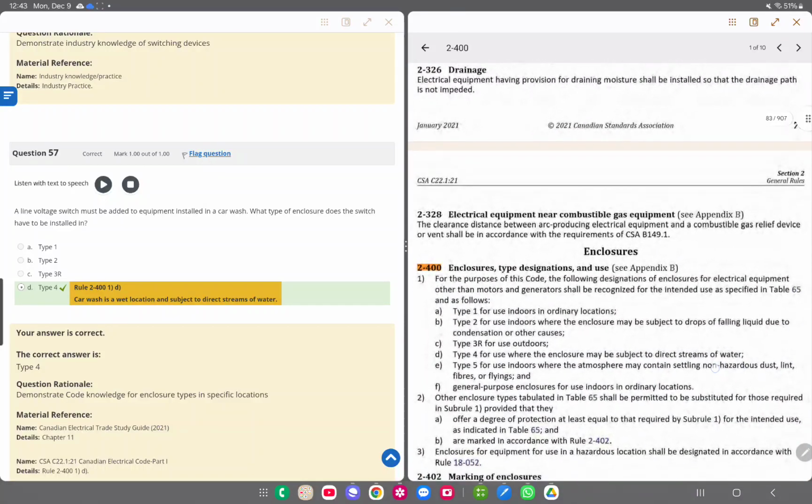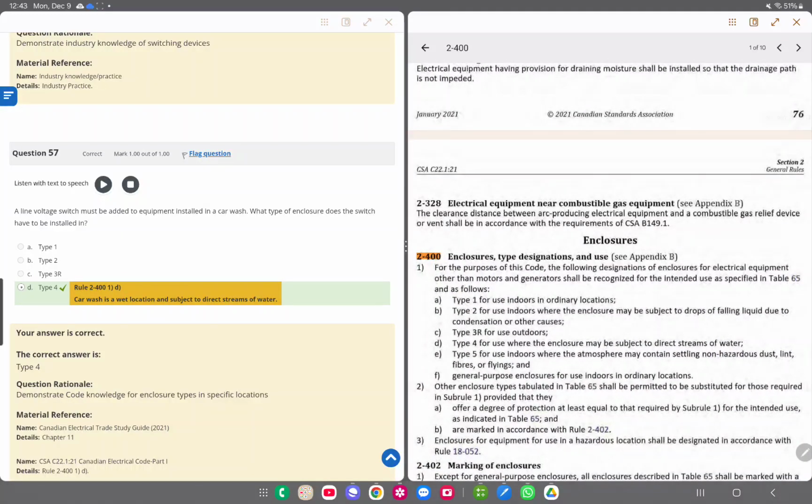2-400 enclosures, and we have enclosure type designations and use. What they want is a line voltage switch must be added to equipment installed in a car wash. What type of enclosure does the switch have to be installed in? A car wash.